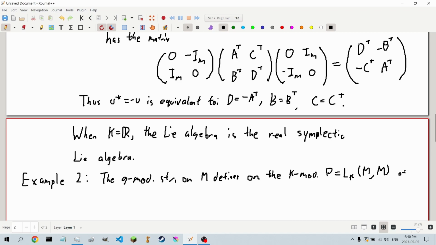I believe this is also the endomorphisms of M. And this is, of course, defining a G module structure.